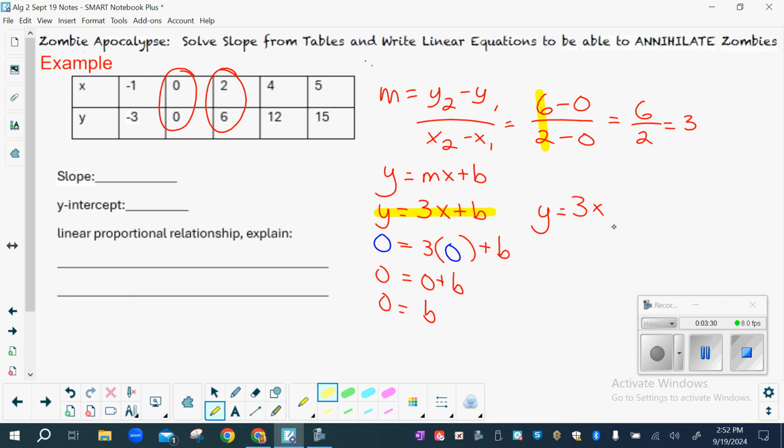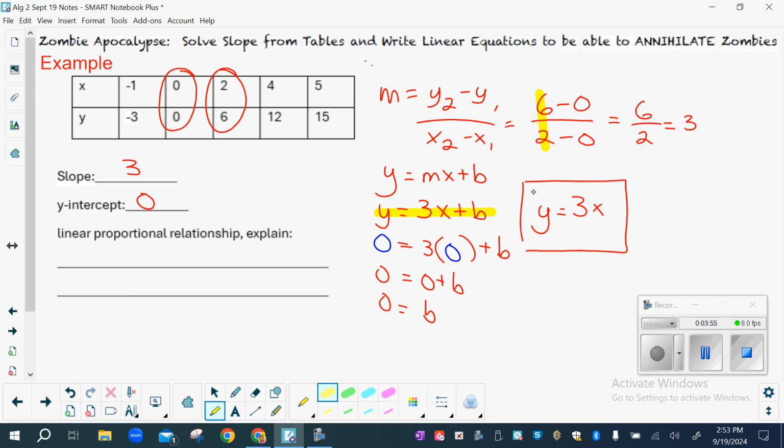Okay. So our slope is 3, which is the same thing as 3 over 1 if we want to write it as a fraction, right? And our y-intercept is 0. We need to write the equation of our line. We found out that the equation of our line is y equals 3x. So we need to know if that's a linear proportional relationship.